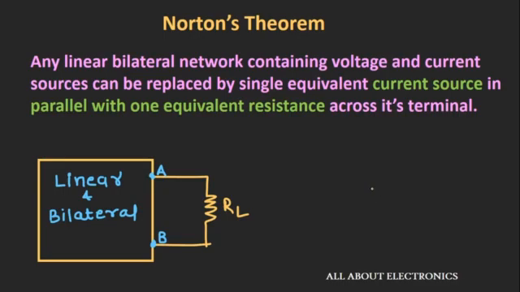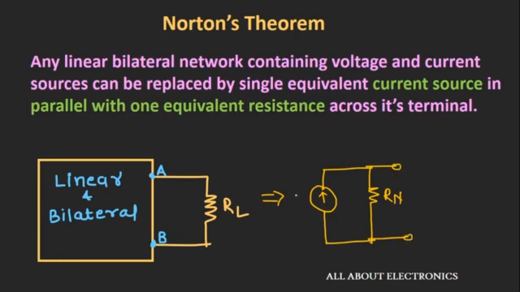Now according to Norton's theorem, you can replace any linear bilateral network by an equivalent current source in parallel with an equivalent resistance across its two terminals, where this current source is known as the Norton current and the equivalent resistance is known as the Norton equivalent resistance.